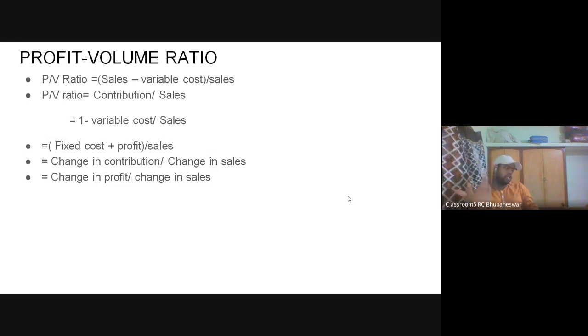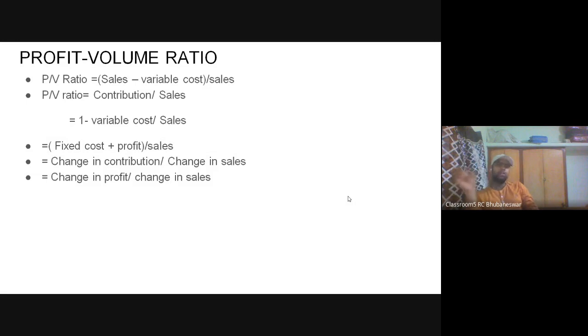So change in contribution by change in sales will give you the PV ratio, which is required for finding out the BEP, break even point. Okay, so this PV ratio will help you in identifying the break even margin. That means the point where you are not incurring any losses or earning a profit.